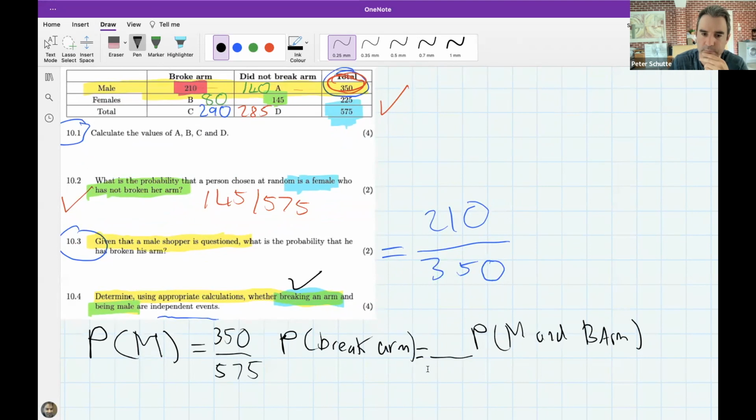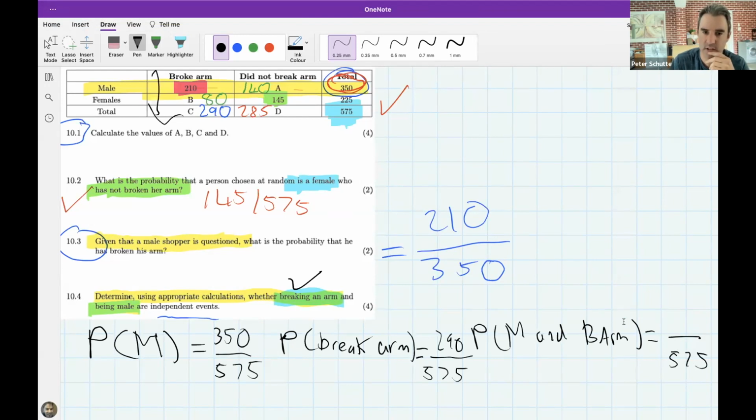Broken arm is 290 over 575, because that's the column here. And the probability of being male and having a broken arm is still going to be out of 575.